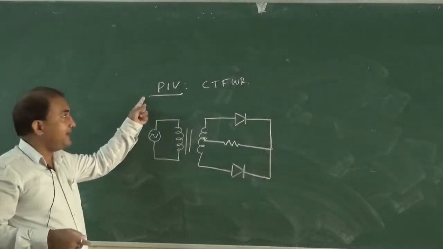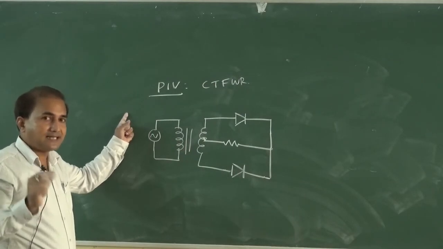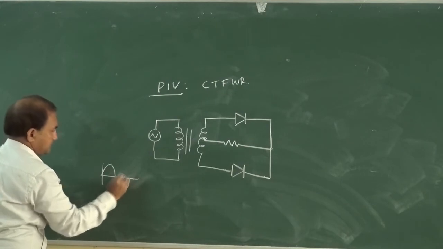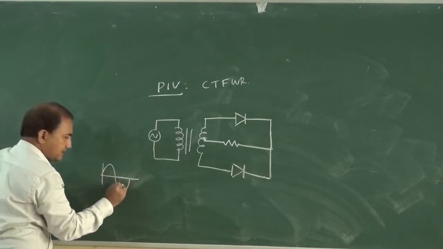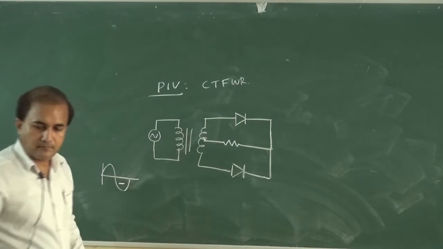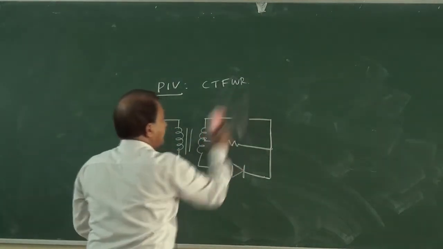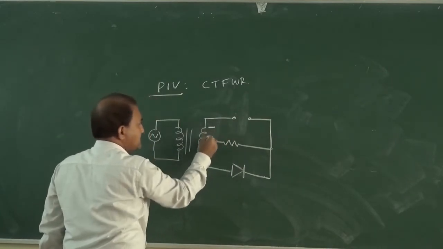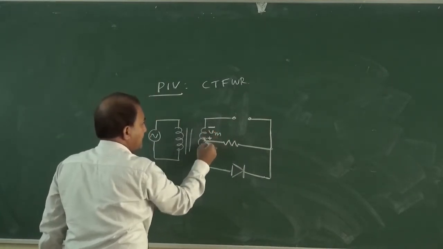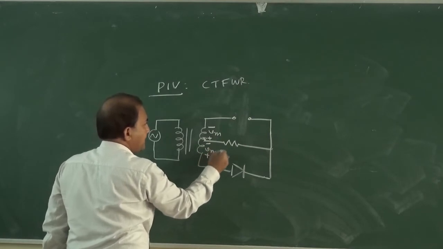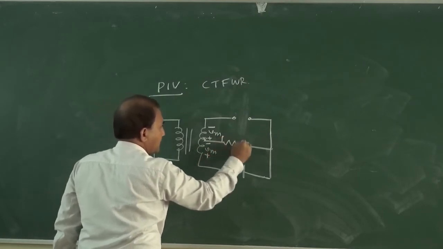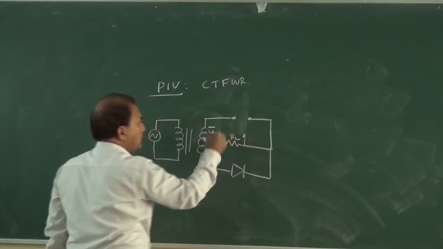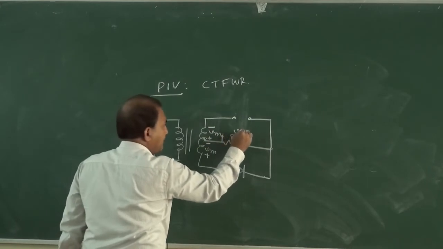See, peak inverse voltage can be calculated during reverse bias condition only. So during reverse bias condition, suppose for this negative half cycle, this diode is not conducting, and here it is minus plus Vm, minus plus Vm, and this is RL, and V output is again Vm.